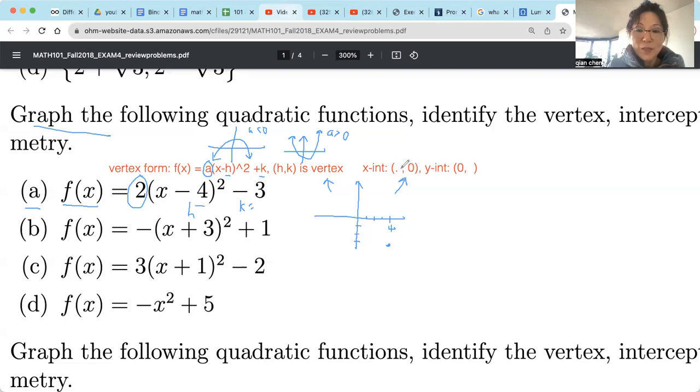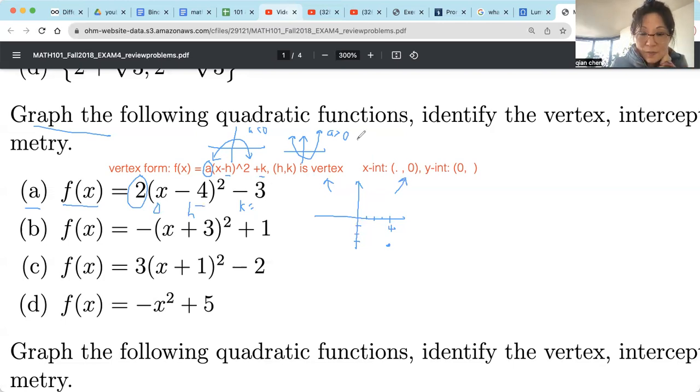Then we want to figure out the x-intercept or y-intercept. The y-intercept is easier. We only have one y-intercept. That means x value is 0. If x value is 0, 0 minus 4 is -4. -4 squared is 16. 16 times 2 is 32. 32 minus 3 is 29.